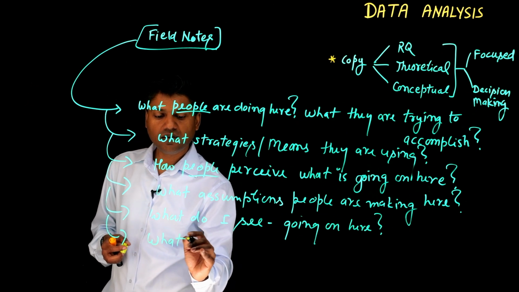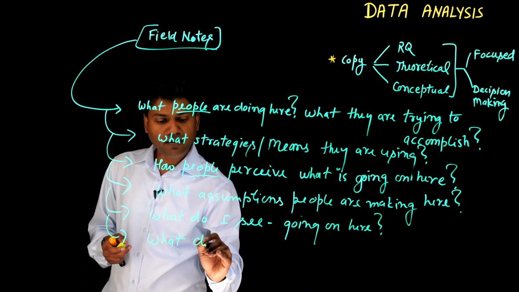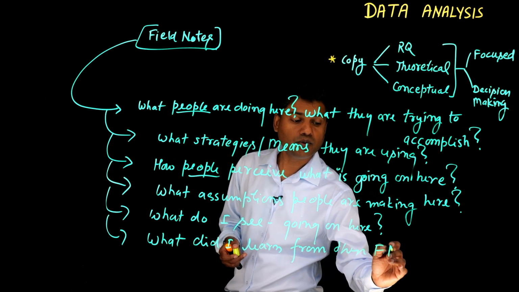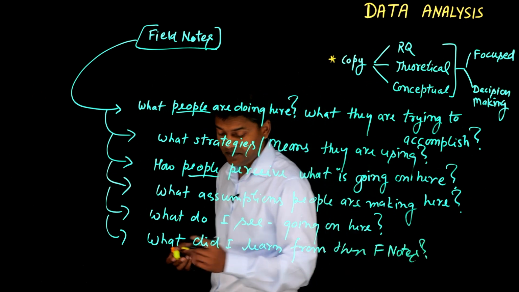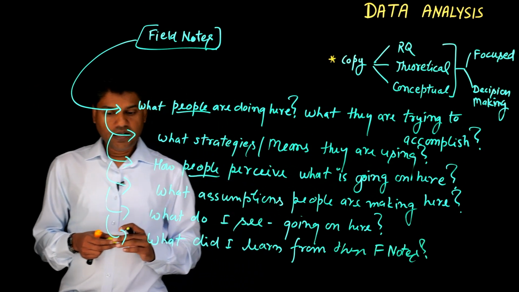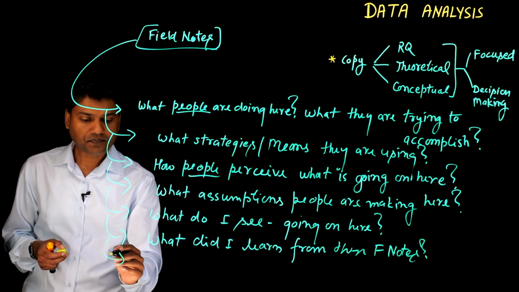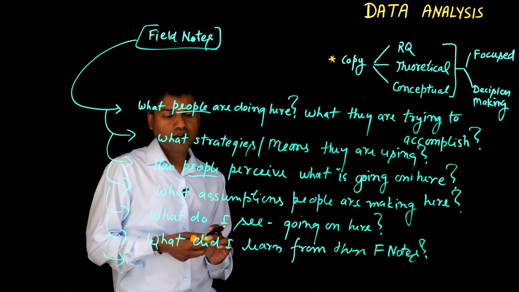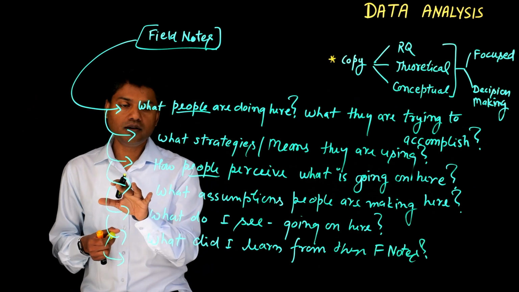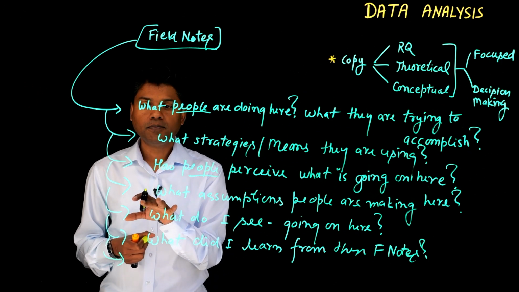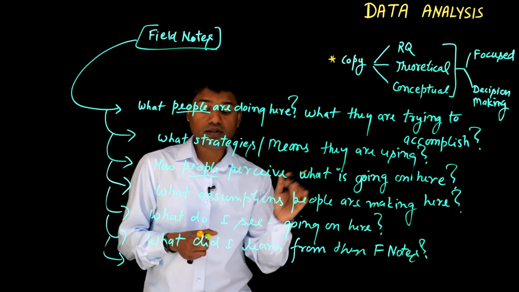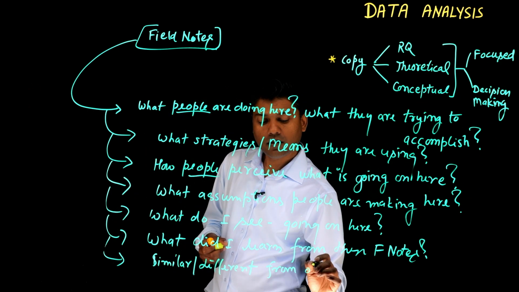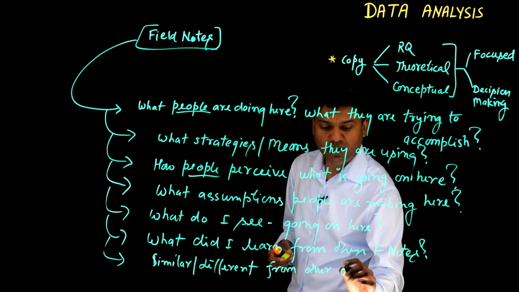Another consideration: what did I learn from these field notes? What am I learning here? Another important thing to ask yourself is, what I'm observing here, how is this similar or different from other observations?